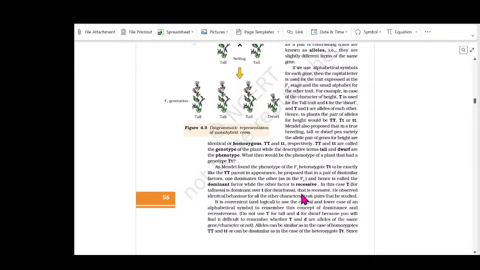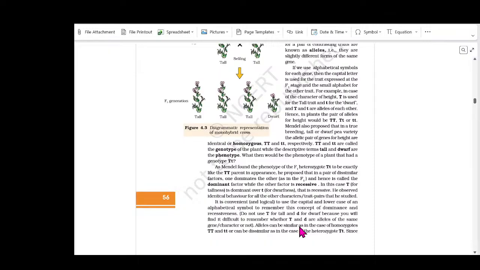He observed identical behavior in all the other character trait pairs that he studied. It is convenient and logical to use the capital and lowercase of an alphabetical symbol to remember this concept of dominance and recessiveness. Do not use capital T for tall and small d for dwarf, because you will find it difficult to remember whether capital T and small d are alleles of the same gene or character or not.